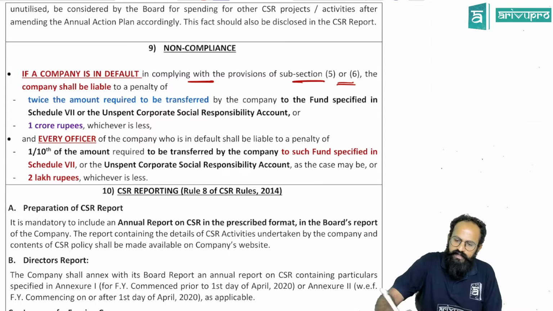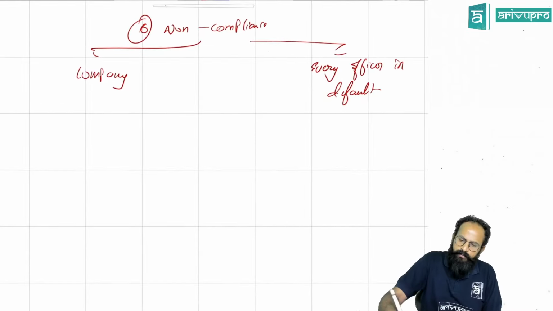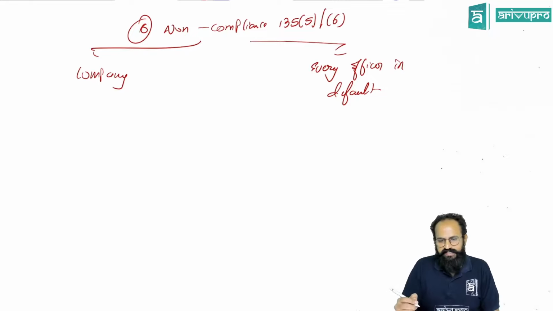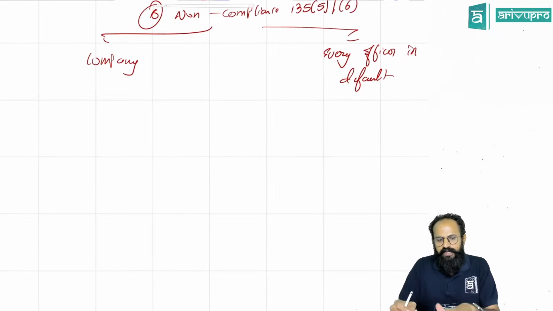Now, what is the penalty? Non-compliance of 135(5) or 135(6).